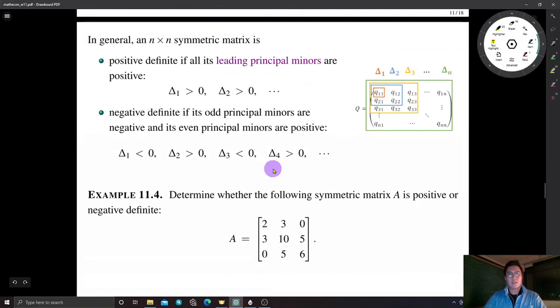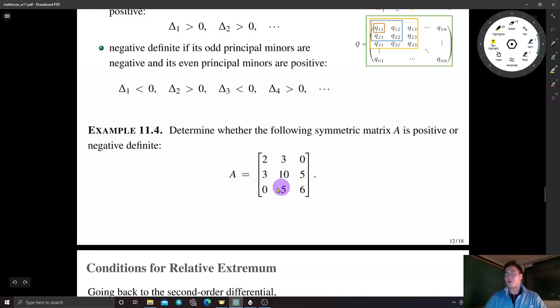Okay? So we can think of the associated quadratic form for this symmetric matrix. Okay? So now we have three variables, x, y, z. And you can easily check that the product of these three matrices gives us a quadratic form.